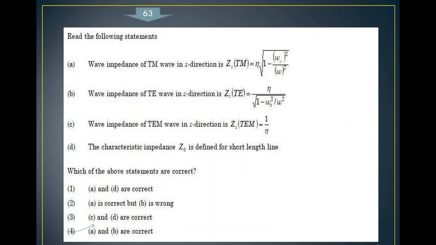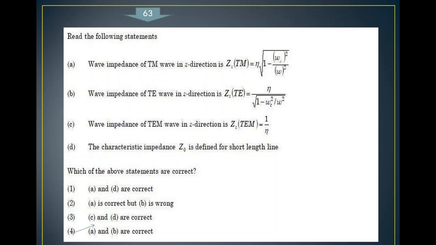Next question. Read the following statements. Statement A, wave impedance of TM wave in z direction is Z_z of TM equal to eta into root of 1 minus omega_c square upon omega square.